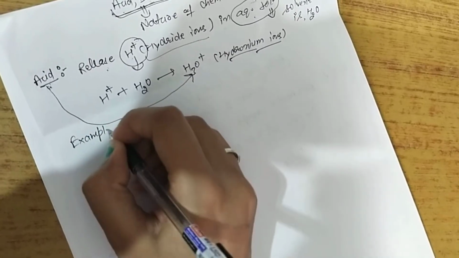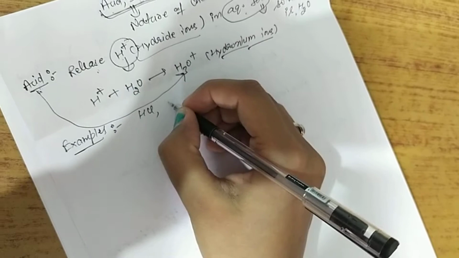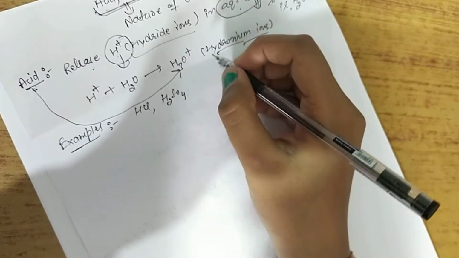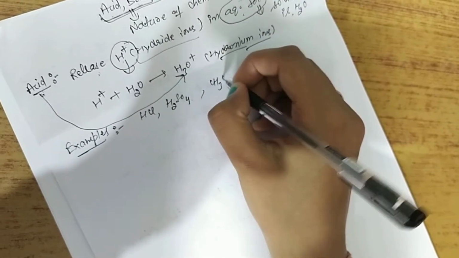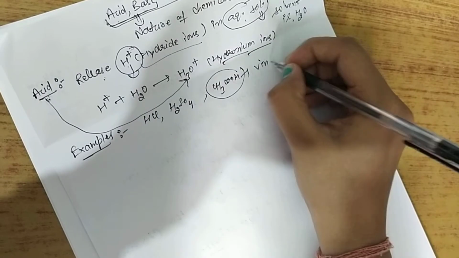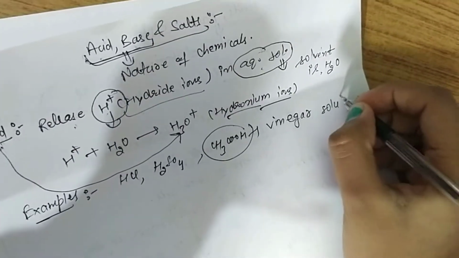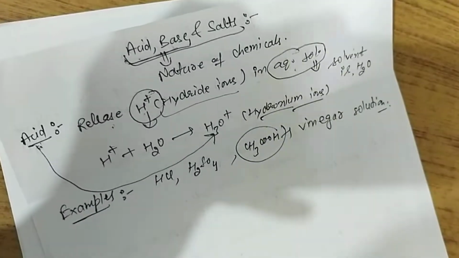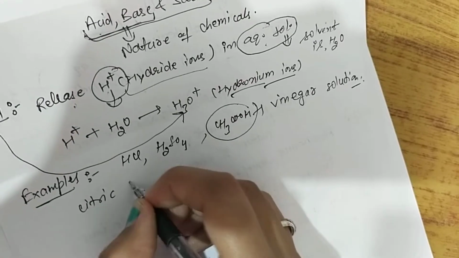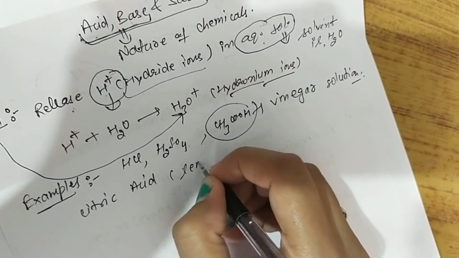Now, examples of an acid are hydrochloric acid, sulfuric acid, acetic acid, which is present in the vinegar solution, and citric acid, which is present in lemon.